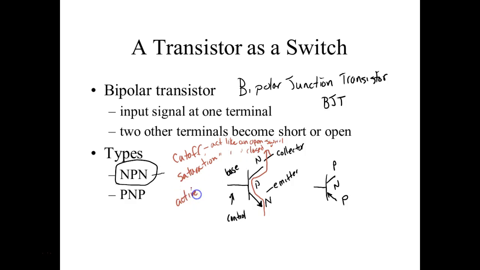In the active region, it acts like a rheostat. So you cut it off like an open switch, and you saturate it like a closed switch. You saturate it, close it, let everything flow through. Well, that's what a closed switch does.